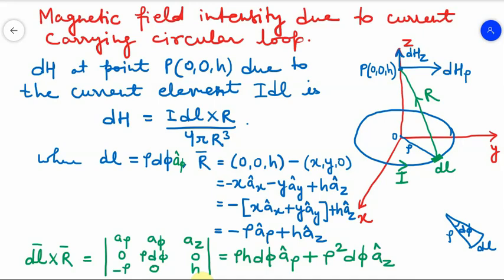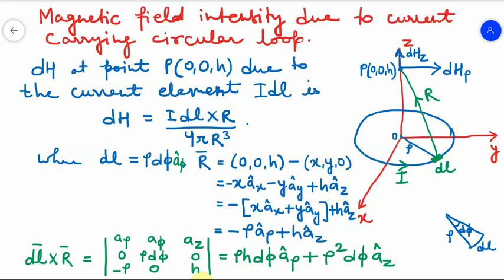Now you see this rho h d phi, the direction is a rho, and this rho square d phi, the direction is az. So obviously it is clear that this dh is going to have two components, along a rho and along az. That's why we have written here dh rho and dh z.